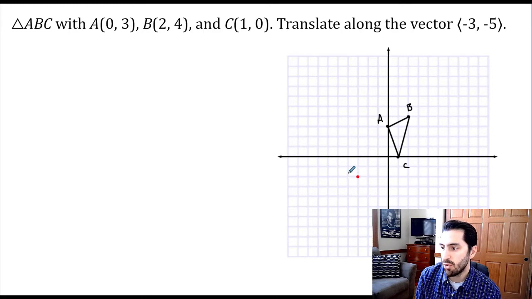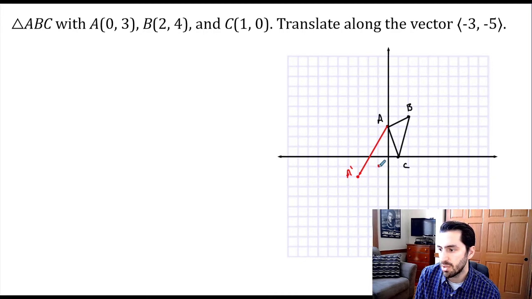And then this new point will be my image, so this will be A prime. So if I were to draw a segment connecting A to A prime, this would be the vector that I'm translating along. So now let's do the same thing for our other points. So B will go 3 units left and 5 units down. 1, 2, 3, 1, 2, 3, 4, 5.